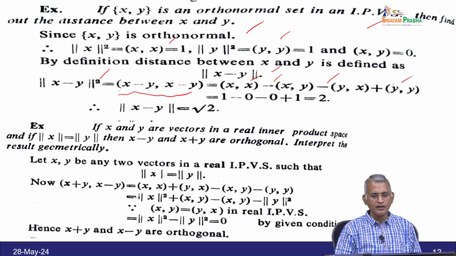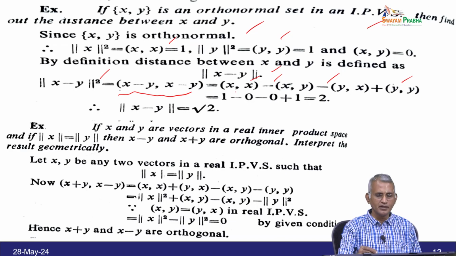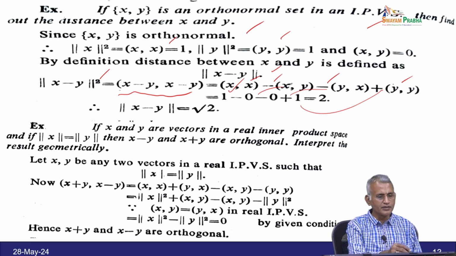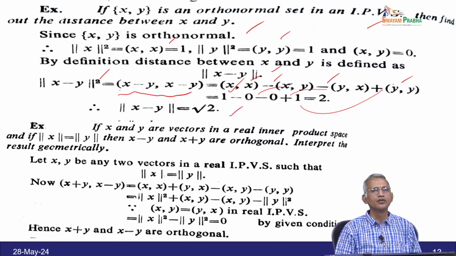Now, if they are the same the value is 1, if they are different the value is 0. Therefore, the value becomes 1 minus 0 minus 0 plus 1 equals 2. So, norm of x minus y the whole square equals 2, taking square root on both sides, norm of x minus y equals root 2.